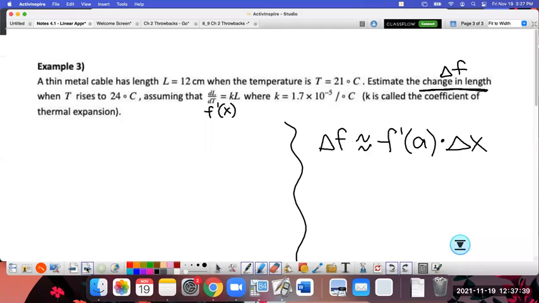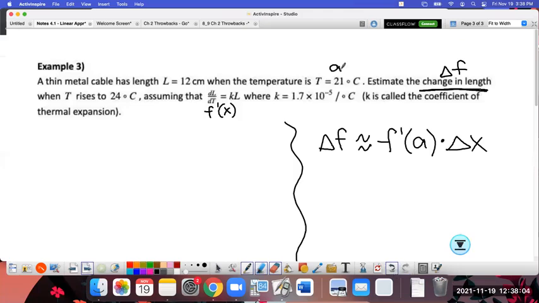Now, which one's a? Is it length or is it temperature? Which one's the independent variable, like x is? There's two ways I can tell. Well, temperature usually controls everything. But I can also tell by looking at the derivative notation. In the denominator, it says dt, which would be referring to that independent variable.